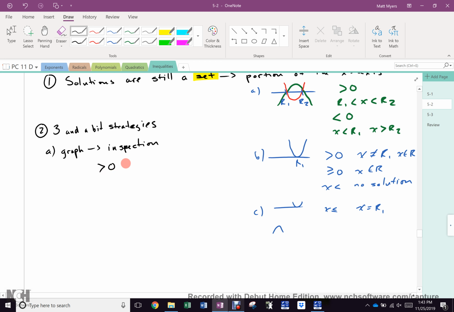If it's greater than 0, then I am seeking the parts of the parabola that are where? Right, above 0, parts of the parabola above the x-axis. If it is less than 0, I'm seeking the parts of the parabola where? The parts below.